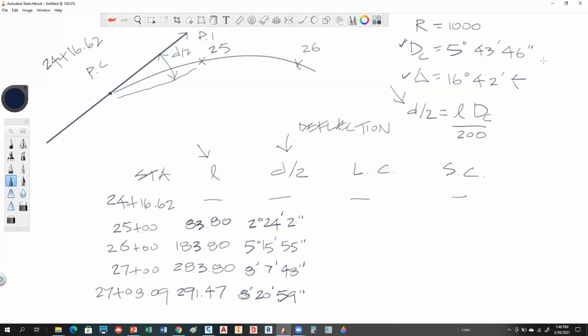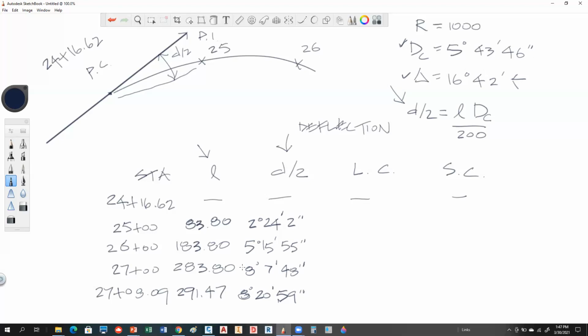We rounded that. If you used that out with decimal seconds, this number would hit this guy exact. But for curve stakeout, this is fine. I don't even worry if it's a minute or two off. I usually don't worry about it because that can just be rounding. We okay on that?